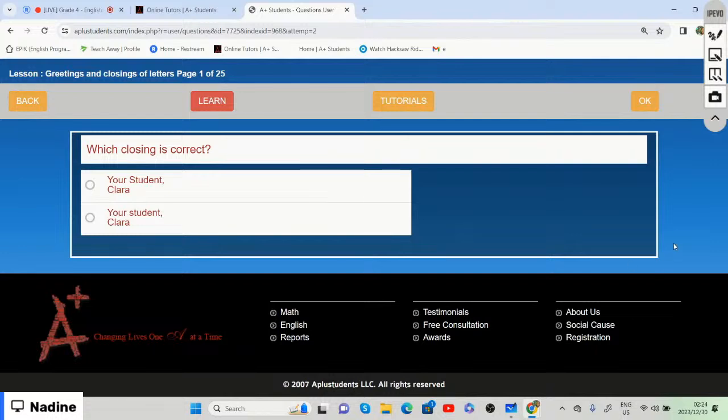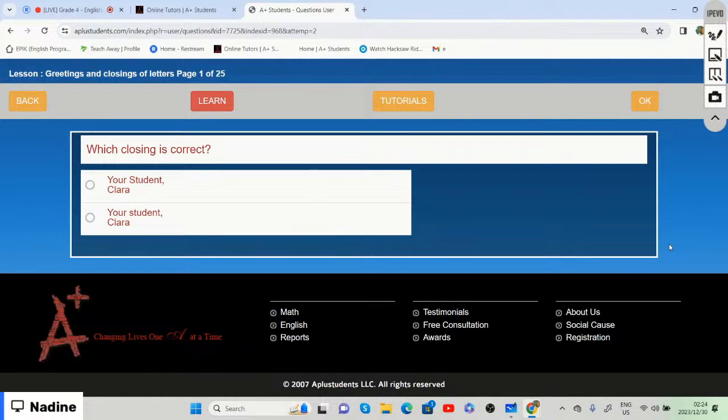And like I said, keep in mind which words need to be lowercase.